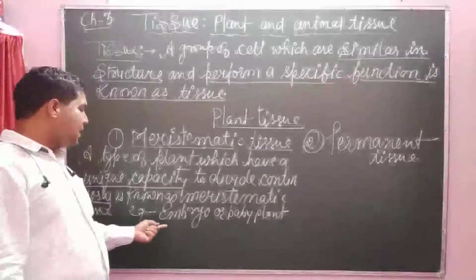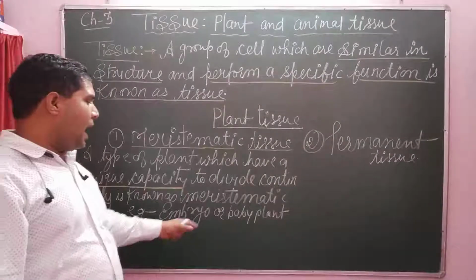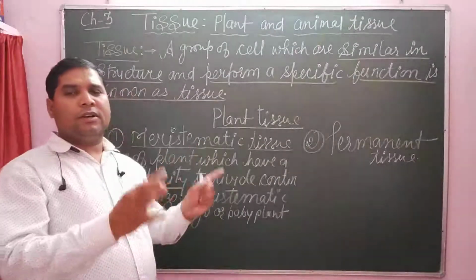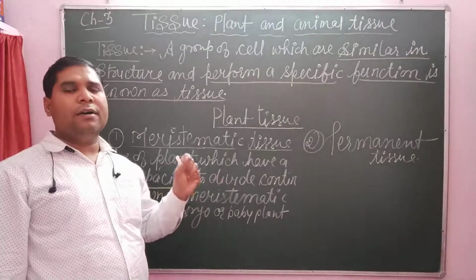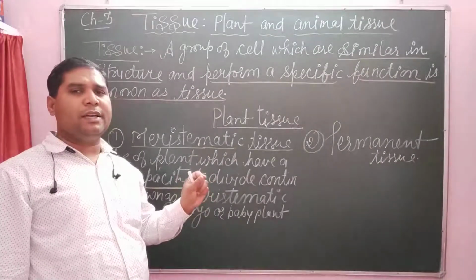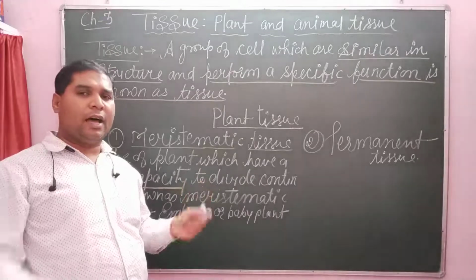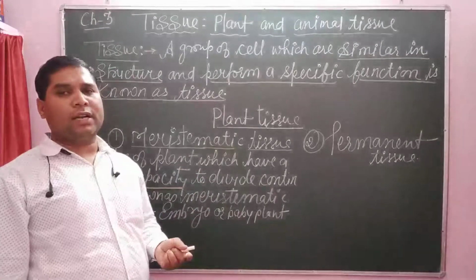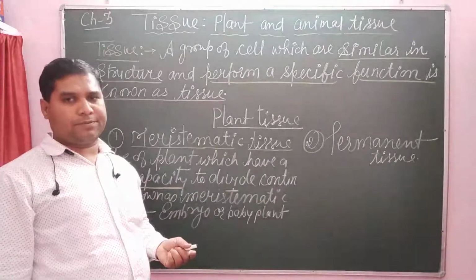Dear student, in embryo and in baby plant, total cells are of the meristematic tissue which used to divide continuously and help in growth and development of the embryo.